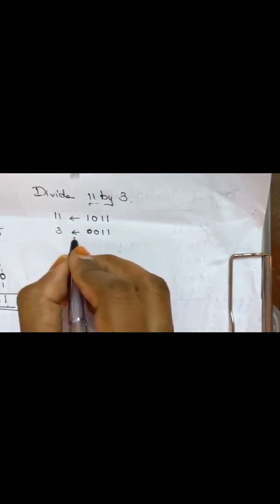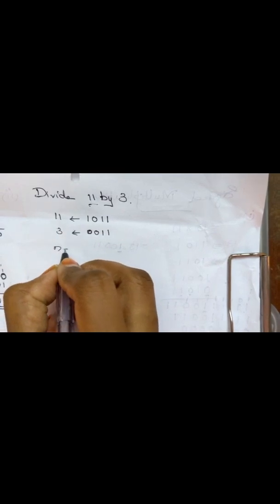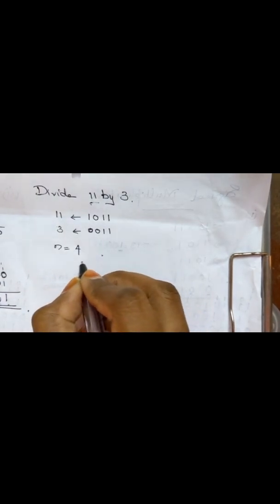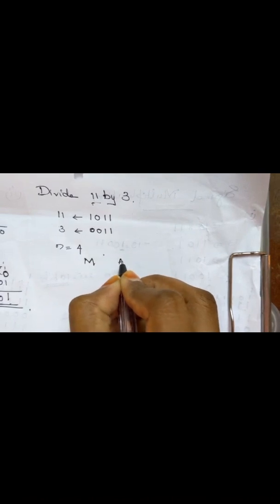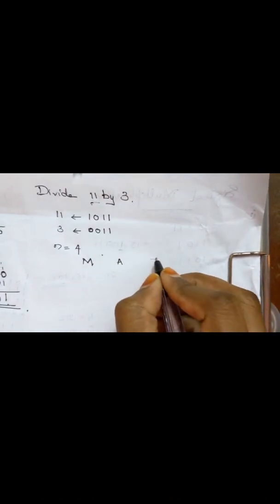So here the minimum number of bits used, n, is equal to 4. N is equal to 4, that is the number of bits. Now you have to initialize. You know n is equal to 4, you need to know the M register value, A and Q.